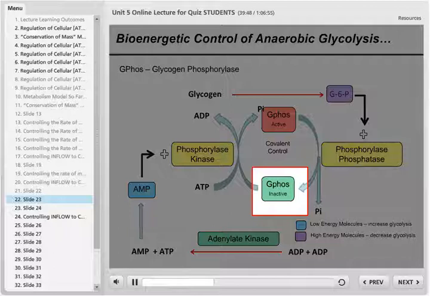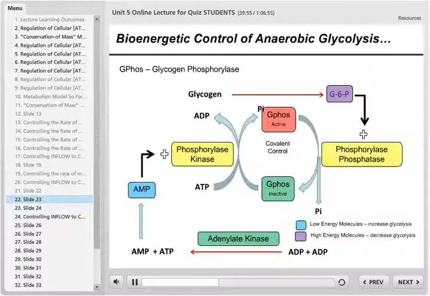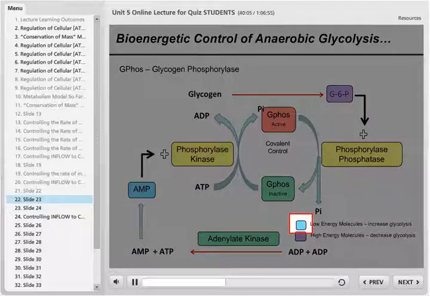Now again, I've identified what we would call low energy molecules and high energy molecules here. Just so you know, you can see this, hopefully, this is the blue color. And the blue color over here.